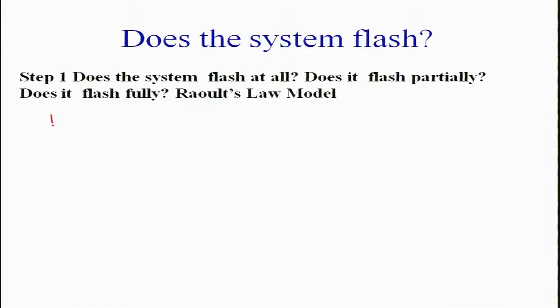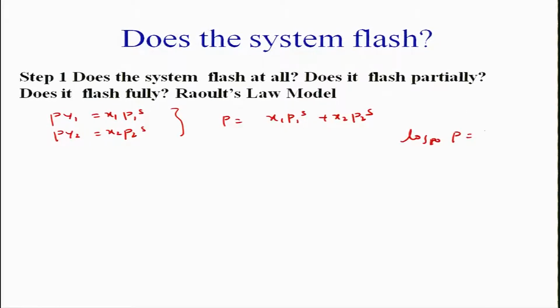Again we will be using Raoult's law, and the first question is to find the bubble point and dew point pressure. Let us look at the bubble point, and you use the Antoine equation from the literature. You find out this information.